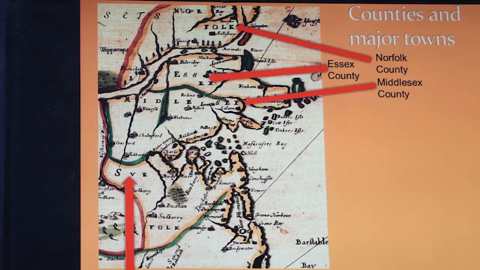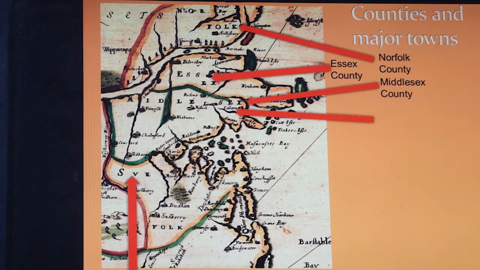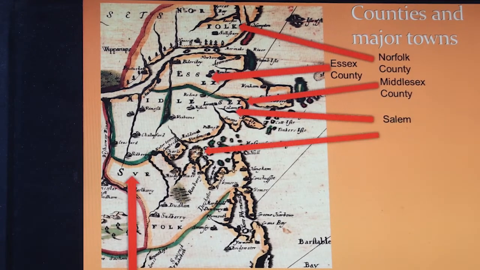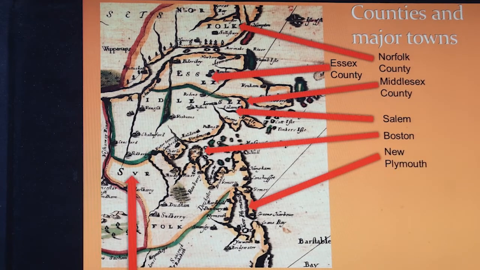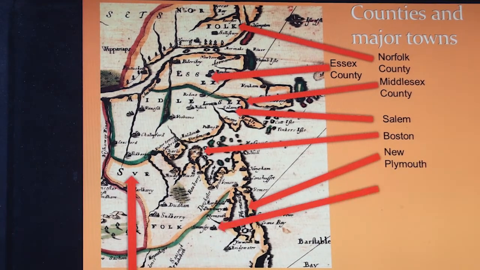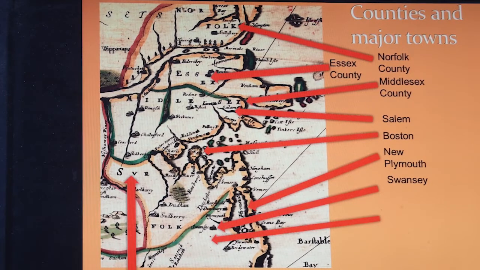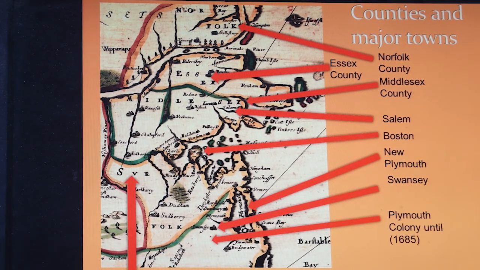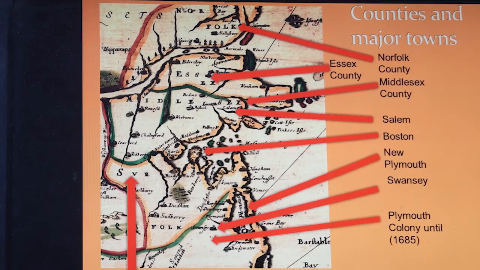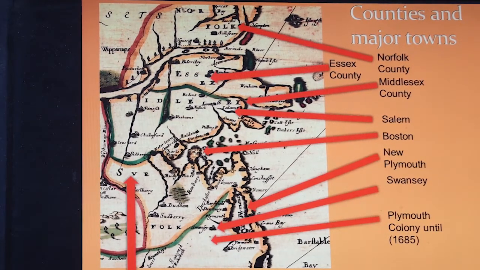The map also shows towns such as Salem, Boston, New Plymouth, and Swansea. Notice that Plymouth Colony remained as a colony separate from the 4 counties until 1685.